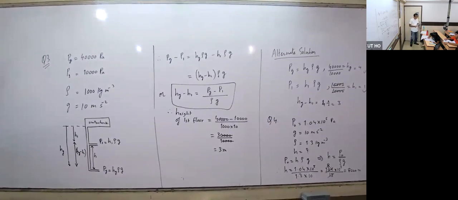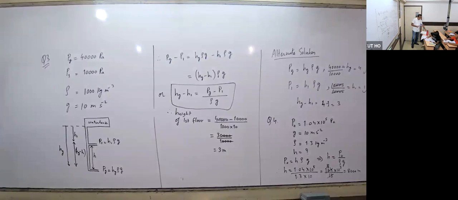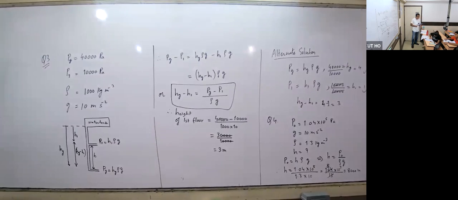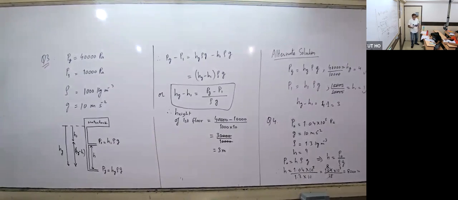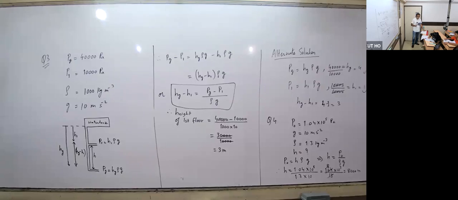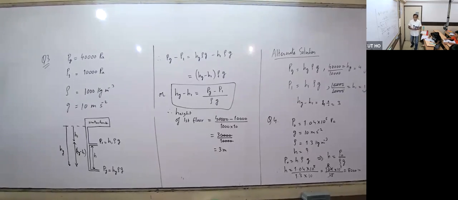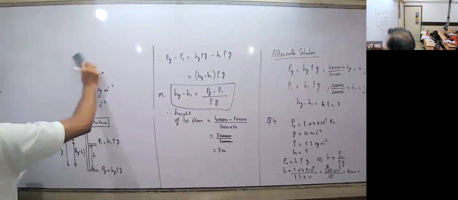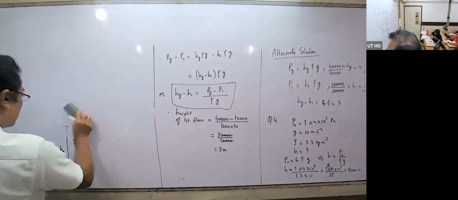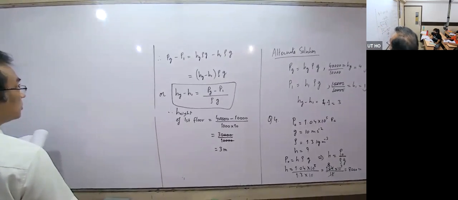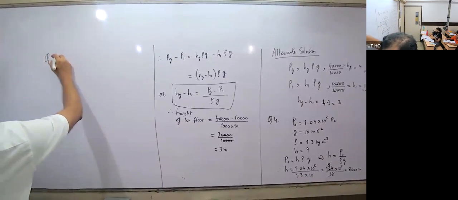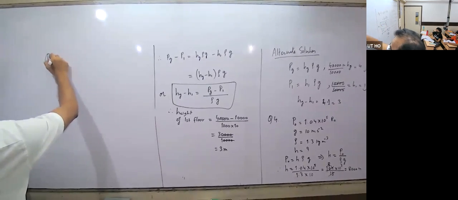Again, compare to 4A. Next question is, areas of pistons in a hydraulic machine are 5 centimeters square and 625 centimeters square, right? So everybody remembers what a hydraulic machine is? Question number 5.